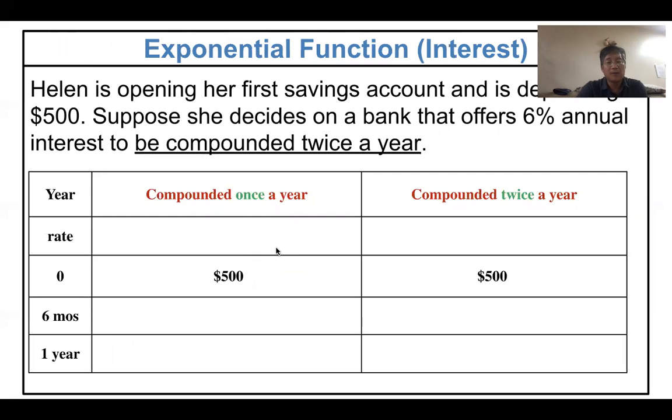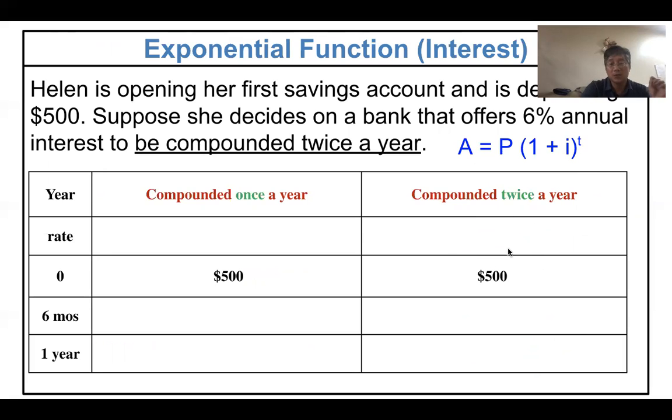So this is $500. This case is compounded once a year. This is compounded twice a year. We are going to compare now, right? This is the formula: principal times 1 plus the interest rate, to the T years. But now, how do we adjust the formula?